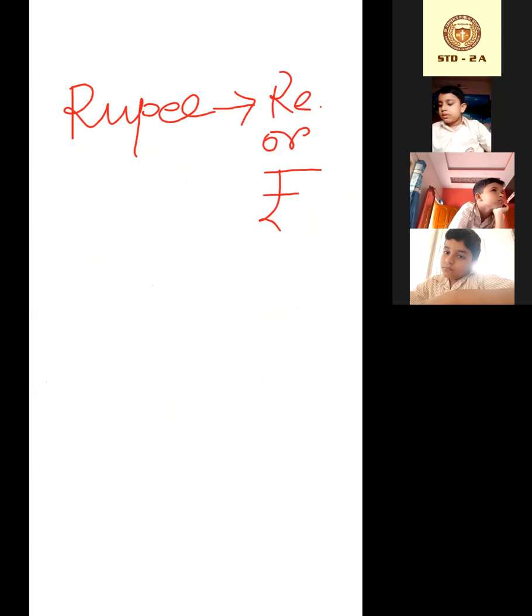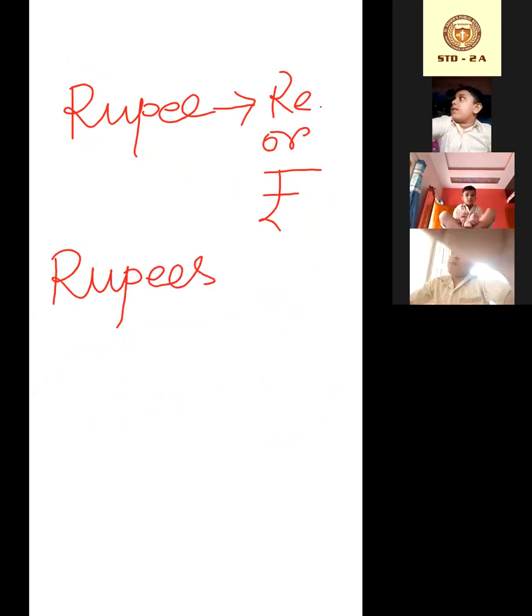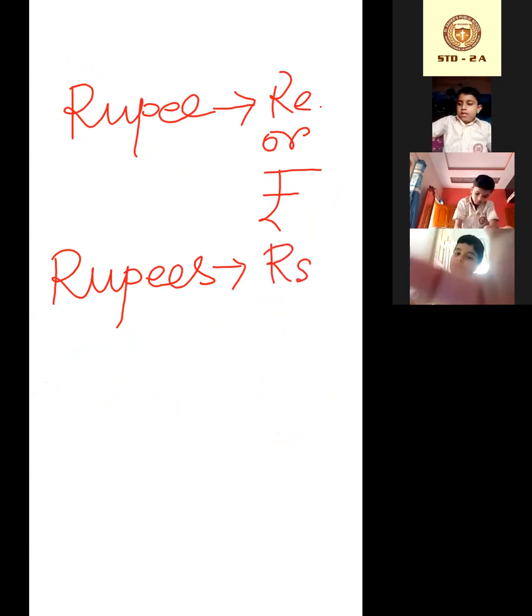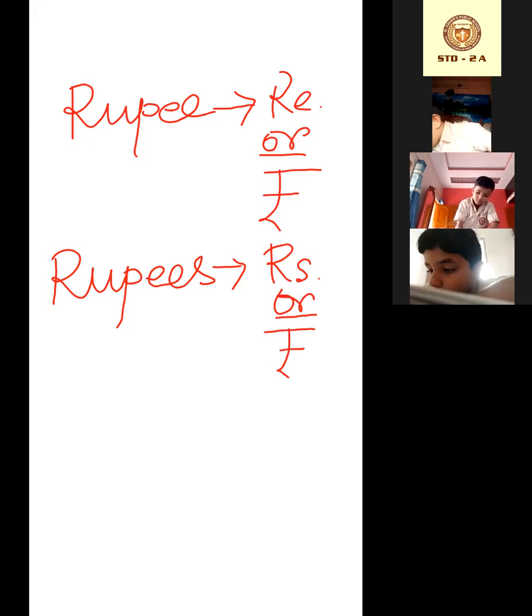For rupees, what will be the symbol? Rs dot or this rupee sign. This rupee sign is common in both of them.